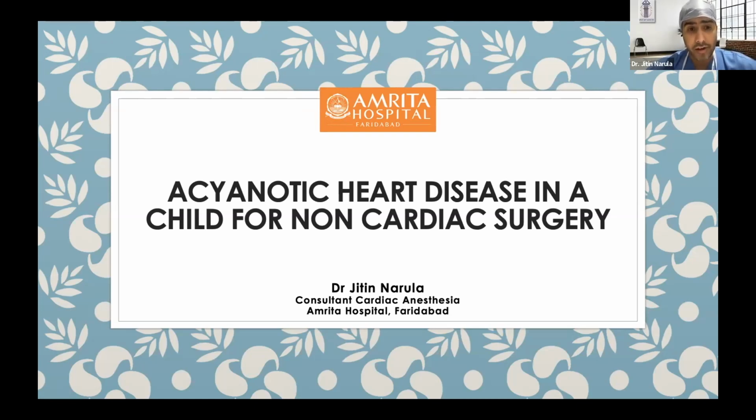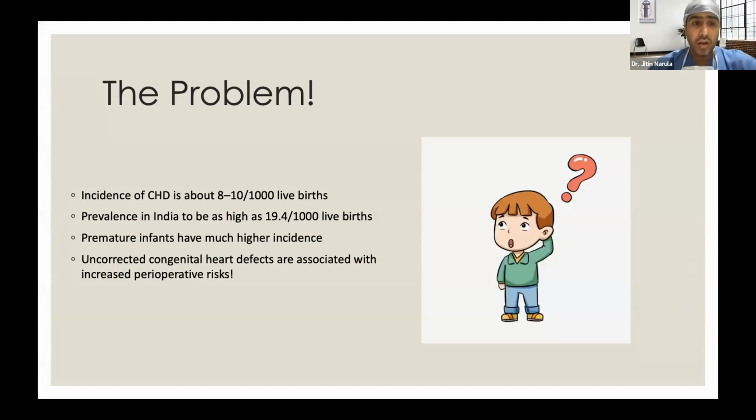I will be highlighting acyanotic heart diseases in children presenting for non-cardiac surgeries. As Mukul sir just highlighted, children coming up for surgeries often have a congenital heart disease, because it has a pretty high incidence of around 8 to 10 per 1,000 live births, and in India around 19.4 per 1,000 live births.